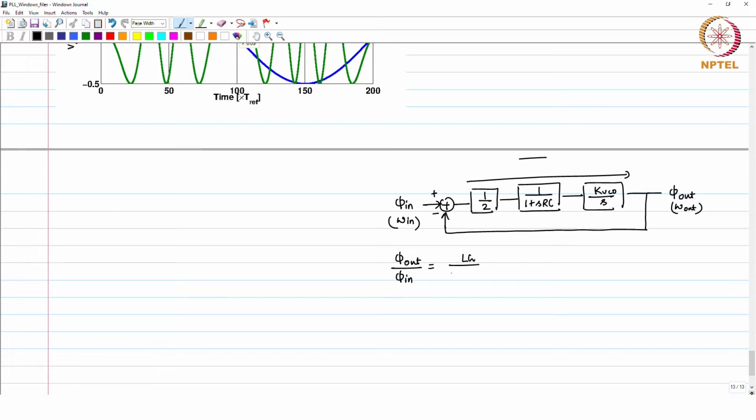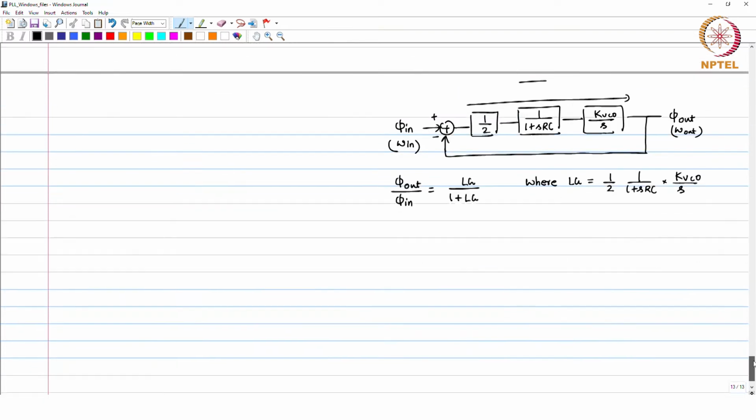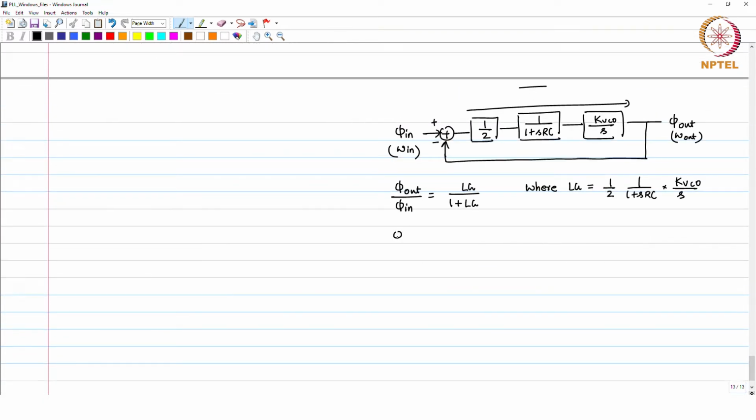Here I will have the small signal closed loop gain as loop gain by 1 plus loop gain, where our loop gain is equal to half times 1 plus SRC times KVCO over S. We also know phi out of S is equal to the integral of omega out, so you can write this as omega out by S, and phi in of S is omega in by S.